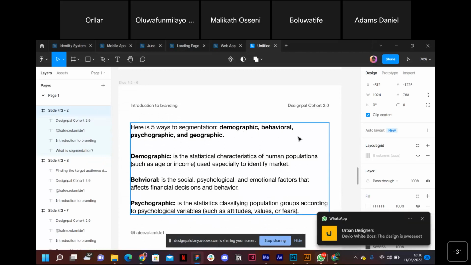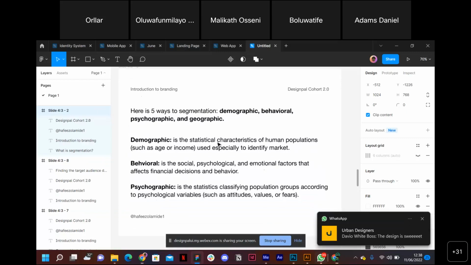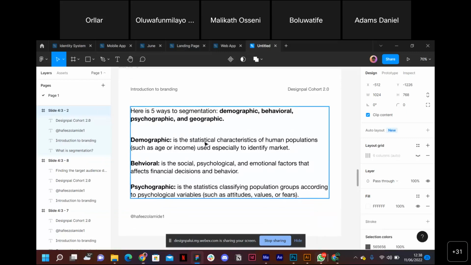Demographic is the statistical characteristics of human population, such as age or income, used especially to identify the market. So most of the time, marketers or brand strategists use demographic a lot when doing branding.